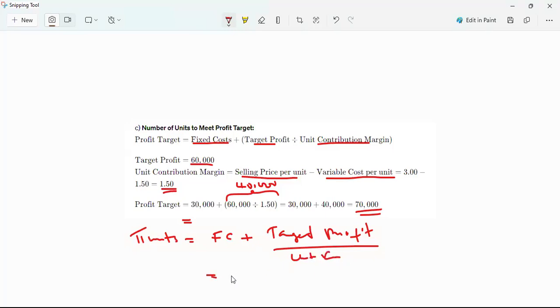So our fixed cost 30,000 plus 60,000 over 3 minus 1.5. So here we have 30,000.